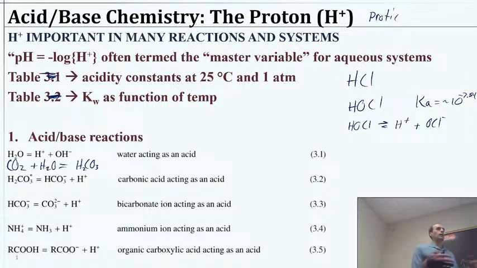And then that will be in equilibrium with bicarbonate, HCO3 minus and H plus. So it's acting a bit like an acid, and we'll explore that more later in the semester. And then that bicarbonate also has equilibrium with carbonate, CO3 2 minus and H plus, and this happens at a rather basic pH. So you can kind of see, depending on the pH, what amount of each carbon species we're going to have.